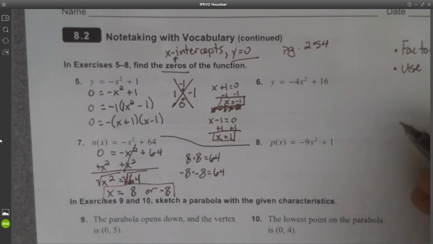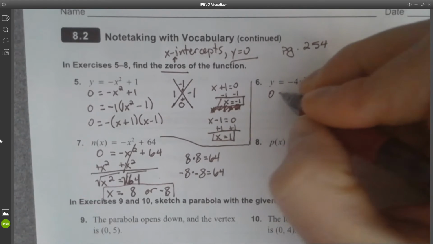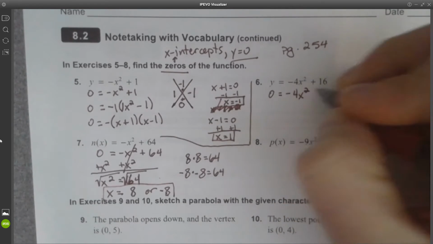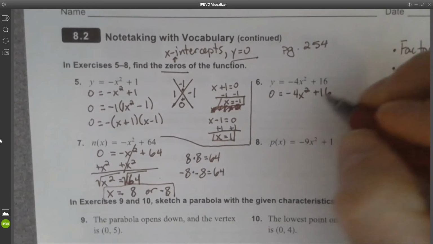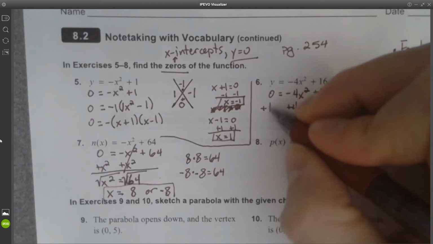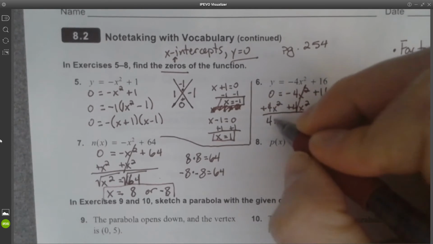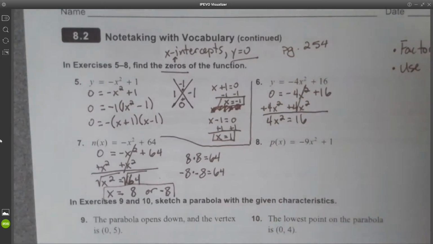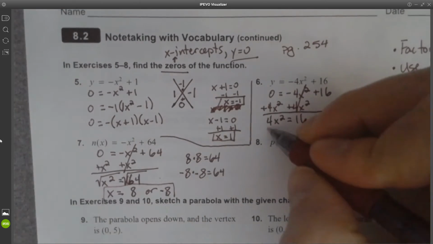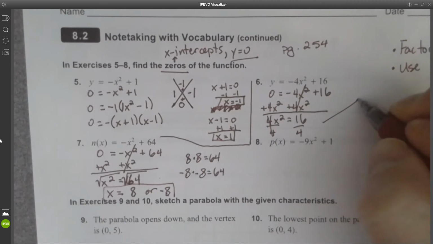When I look at number 6, I do the same type of setup. So 0 equals negative 4x squared plus 16. Then I would add the 4x squared to the left side, so now I have 4x squared equals 16. Before I square root, I'd like to divide by 4 to get the x squared by itself.